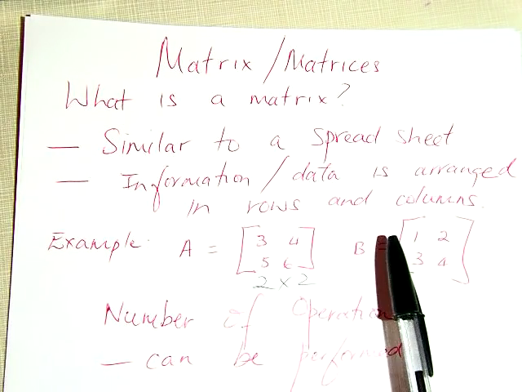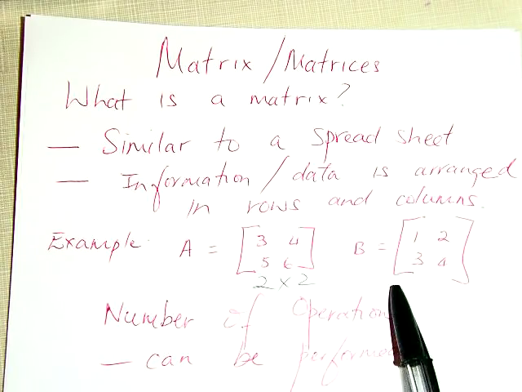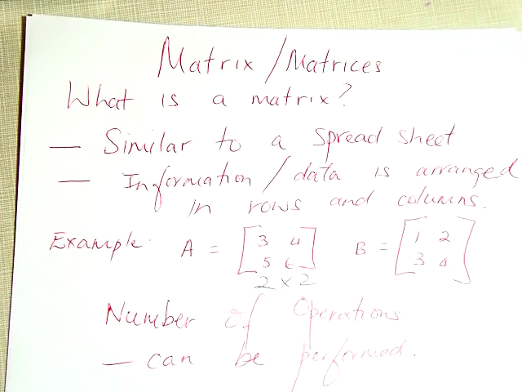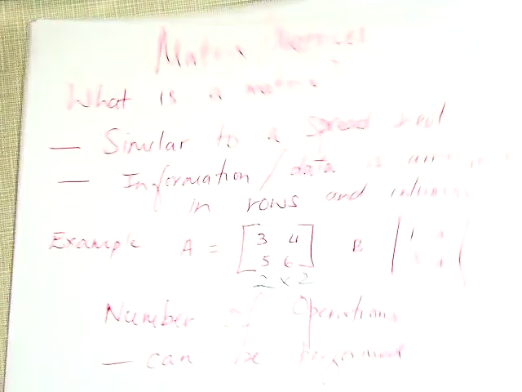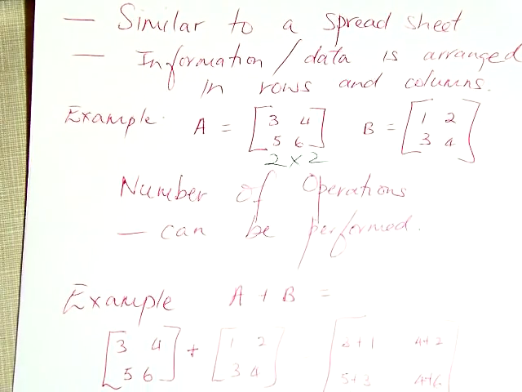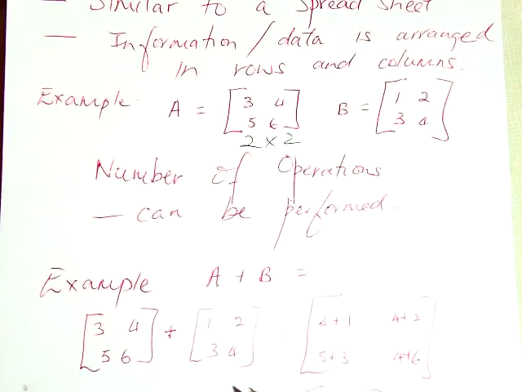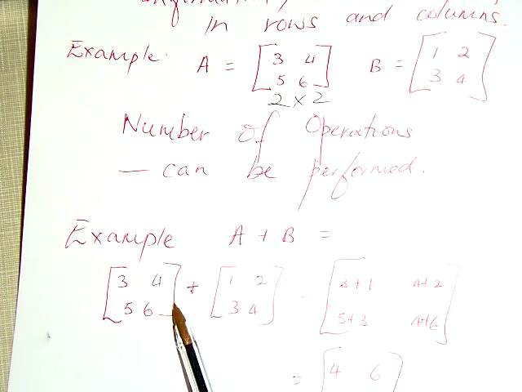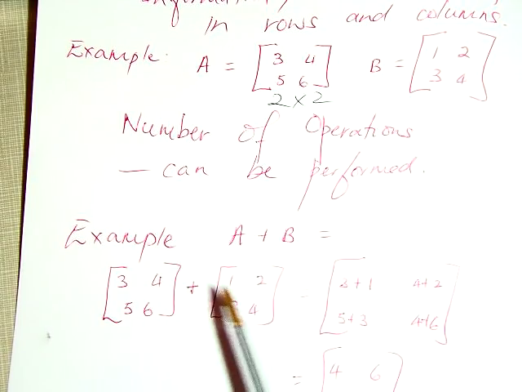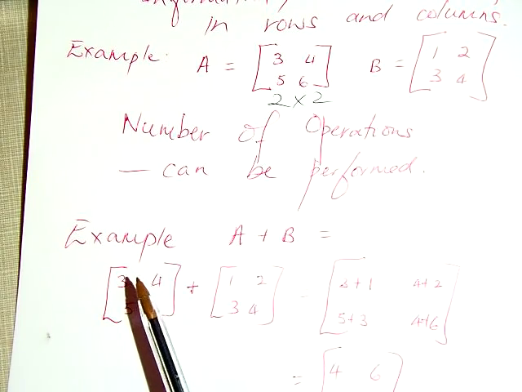Similarly, we have matrix B with 2 rows, 2 columns, and of course it could be any number of rows and columns. There are some basic operations that we're going to be performing on matrices. For example, finding the sum of 2 matrices. So if I have this matrix A with these elements in it, it's simply just adding the numbers in the corresponding positions.